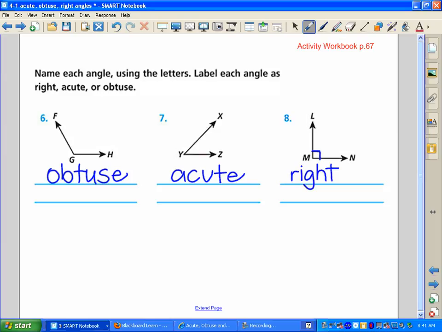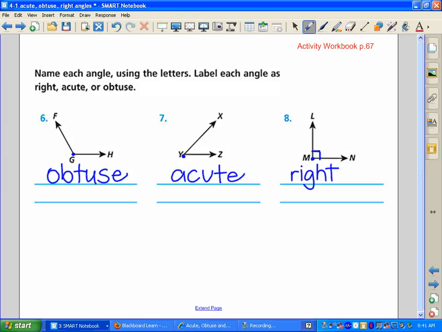So for number 6, my dot would be on G. That is my vertex, where those 2 parts come together. Where they intersect, exactly. Number 7, where would I put my dot? Y. Number 8, M. The reason I'm telling you to do this is because we have to name our angles.